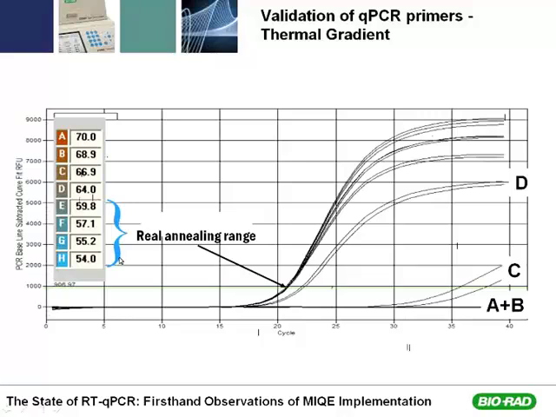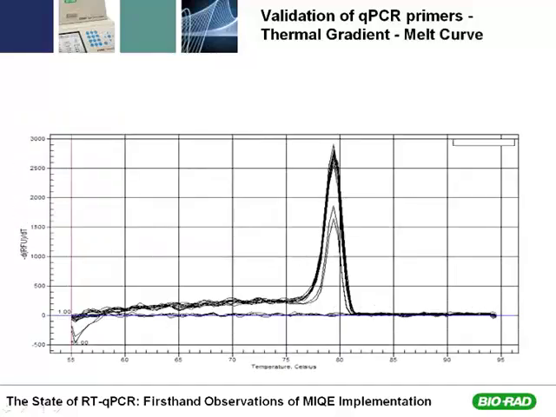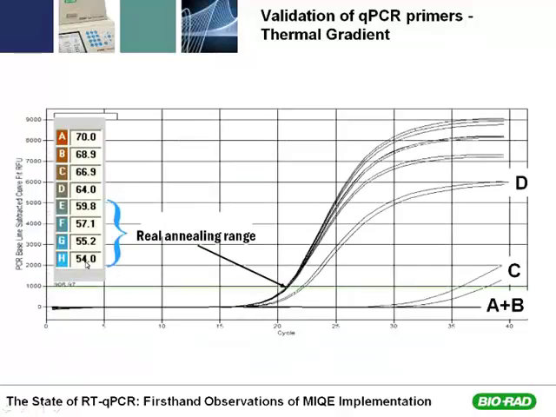Now, you want to make sure that the lower temperatures are still good, so I would always run this amplification reaction, which is called a thermal gradient reaction, with a melt curve so that you can check to see that at the lower temperatures in your optimal range you don't have multiple melt curve peaks, which would indicate that your primers are now becoming non-specific at these lower temperatures. So check the melt curve to make sure you have a single peak at the lower temperatures. In this case we do, so that means we can work from 54 to about 60 degrees with those particular primer pairs.